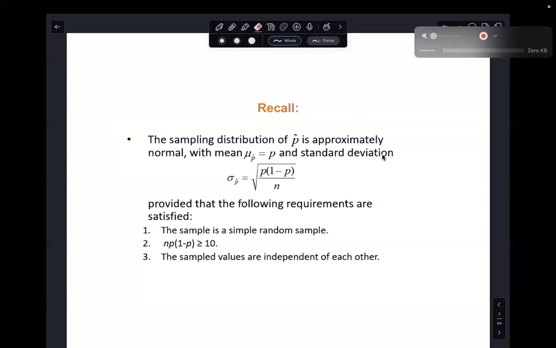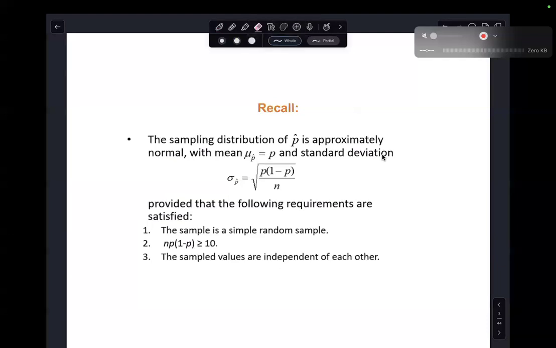We need to check these three boxes. You're going to be checking these three boxes on your test, because remember, the test opens on Tuesday. First, it needs to be a simple random sample. If it doesn't say simple random sample, we're just going to write that we're going to assume it's a simple random sample.